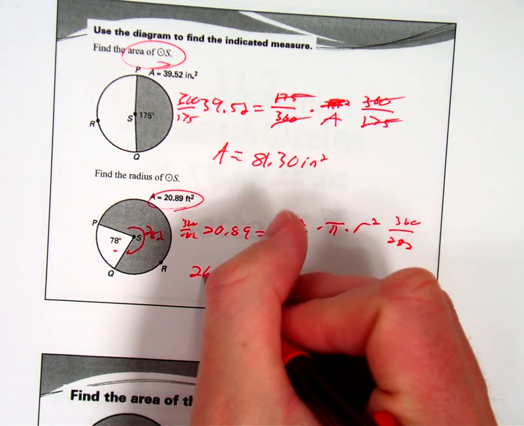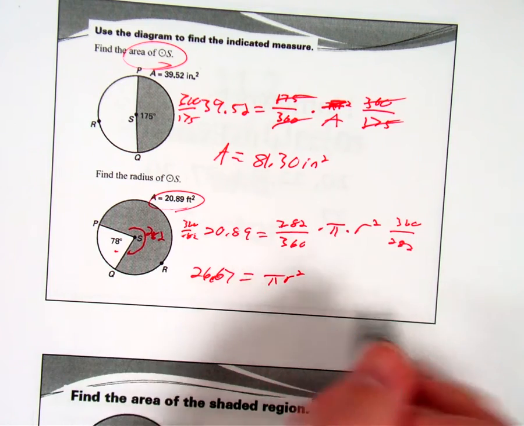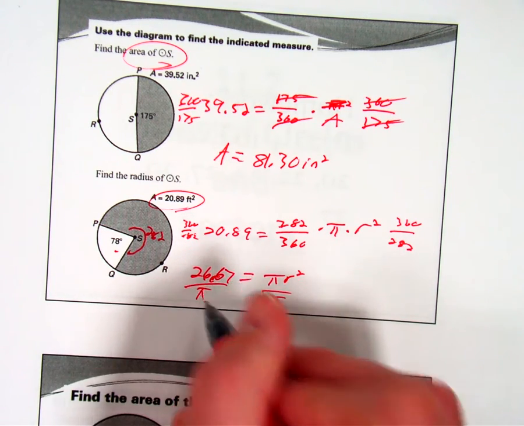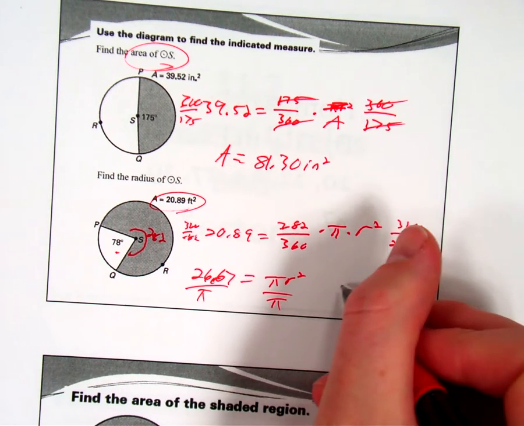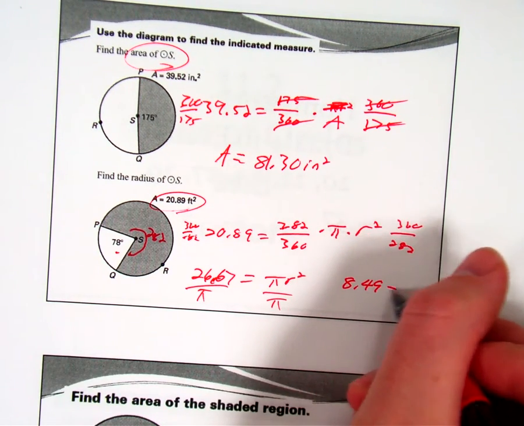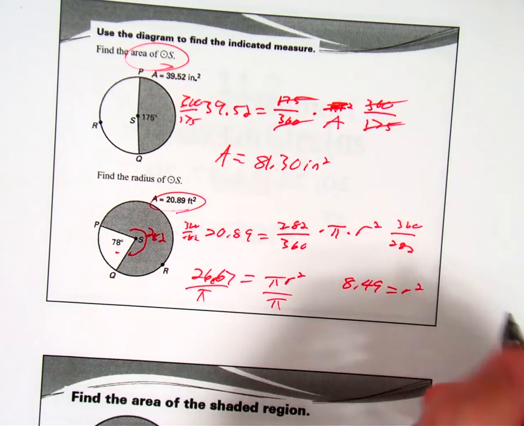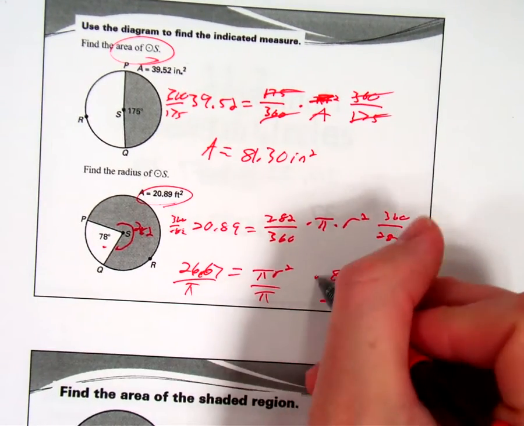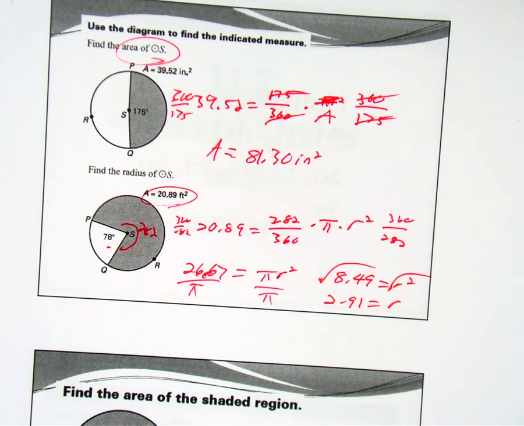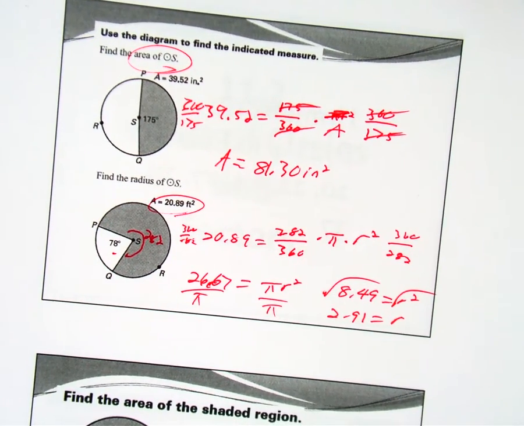And we should be getting 26.67 equals pi r squared, divided by pi. And we'll get 8.49 equals r squared, and we're going to square root. We'll have about 2.91 for our r. Okay, so we might have to work backwards with some of those. Find the piece that they want.